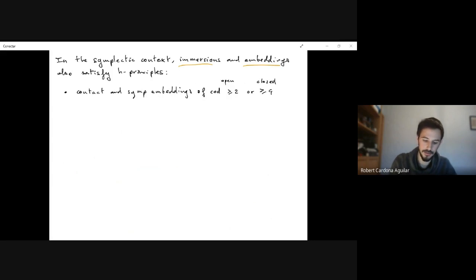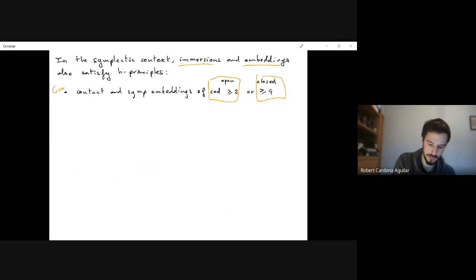This is usually called isocontact and isosymplectic embeddings. But you can also speak about embeddings which induce a symplectic form when you restrict, and this is contact and symplectic embeddings. So they satisfy an H-principle with these conditions. For contact, this was proved by Gromov.